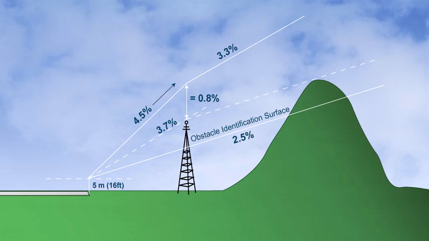A 2.5% gradient equates to 152 feet vertically for every horizontal nautical mile. The more easily remembered figure is 200 feet per nautical mile for the 3.3% standard PDG.